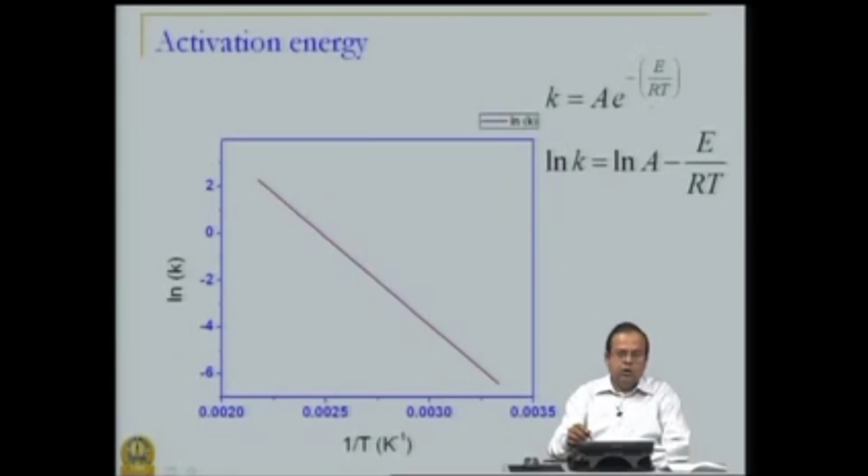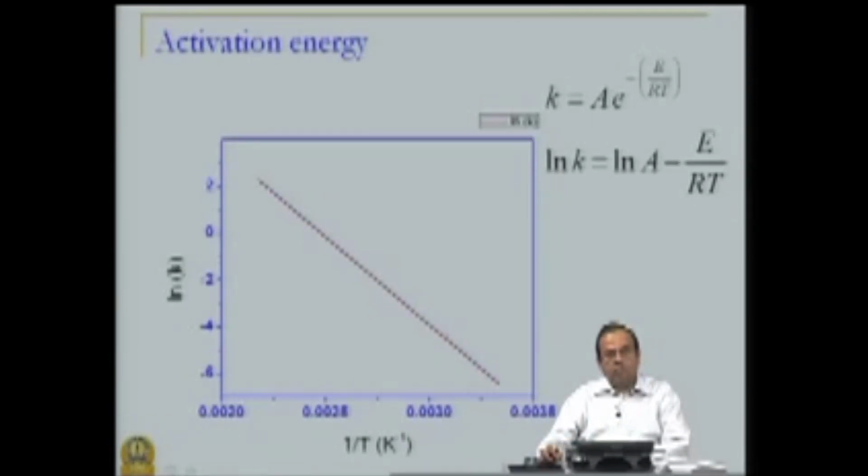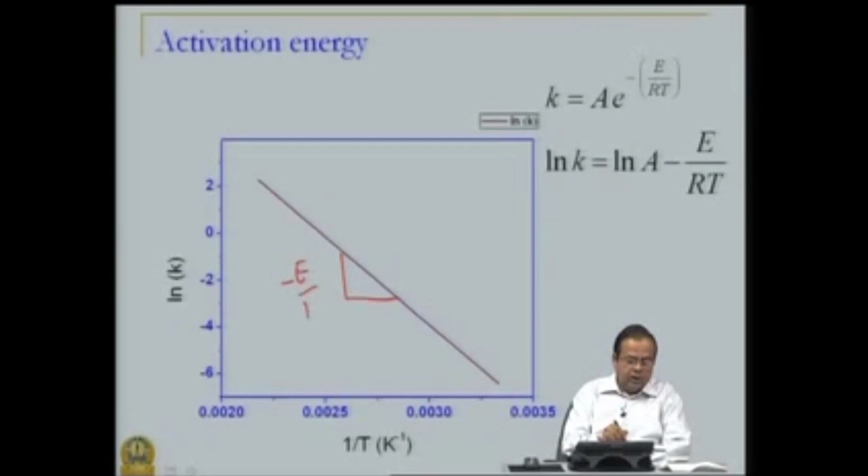If we mathematically look at the expression for K, K is A e raised to minus E by R T. So, ln K is ln A minus E by R T, and if we plot ln K versus 1 over T, the slope of the line gives us the activation energy. So, this slope is now nothing but E by R.